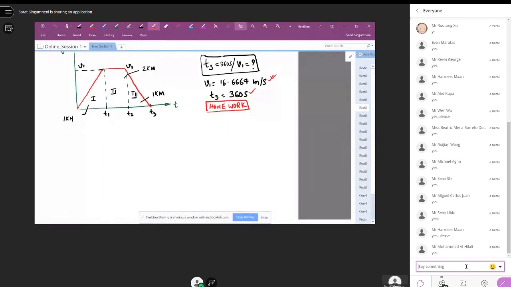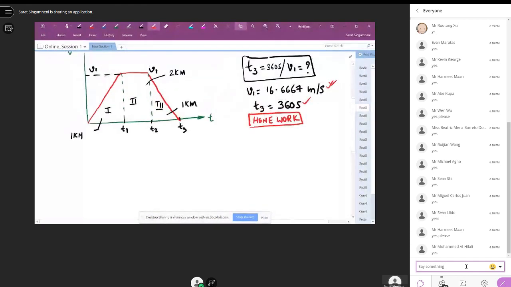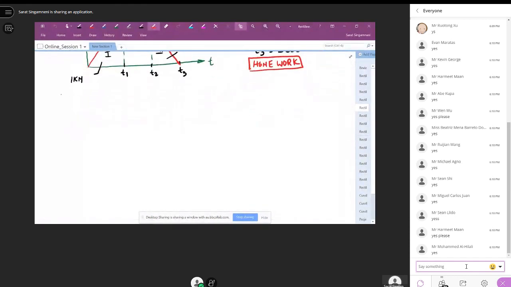First, stage one. The distance traveled in this stage is given as 1000 meters. Read the problem carefully.